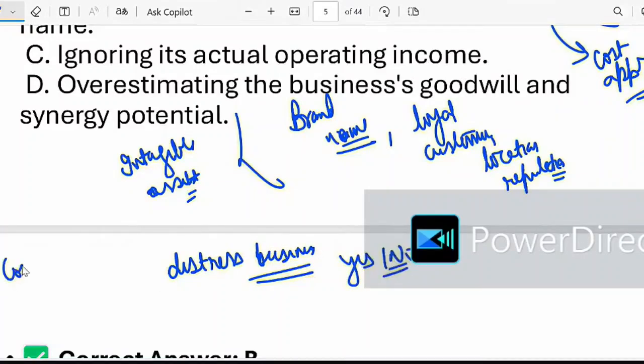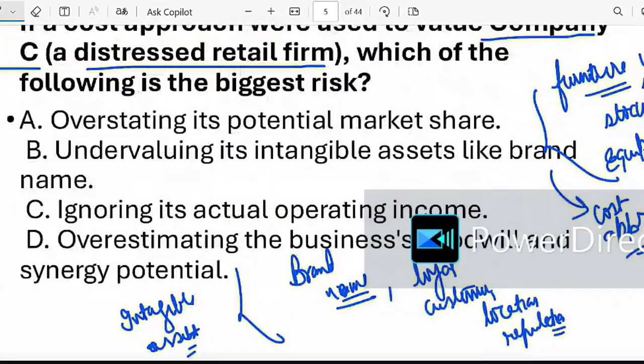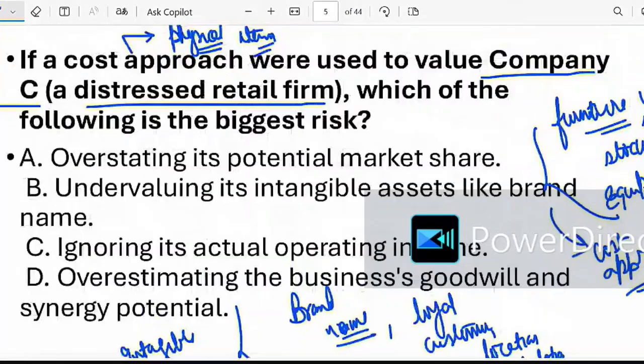Just now I have explained it to you. True or false? What do you think? Because what we have seen is that for tangible assets it is good, it can tell you what is the actual cost of this tangible asset.